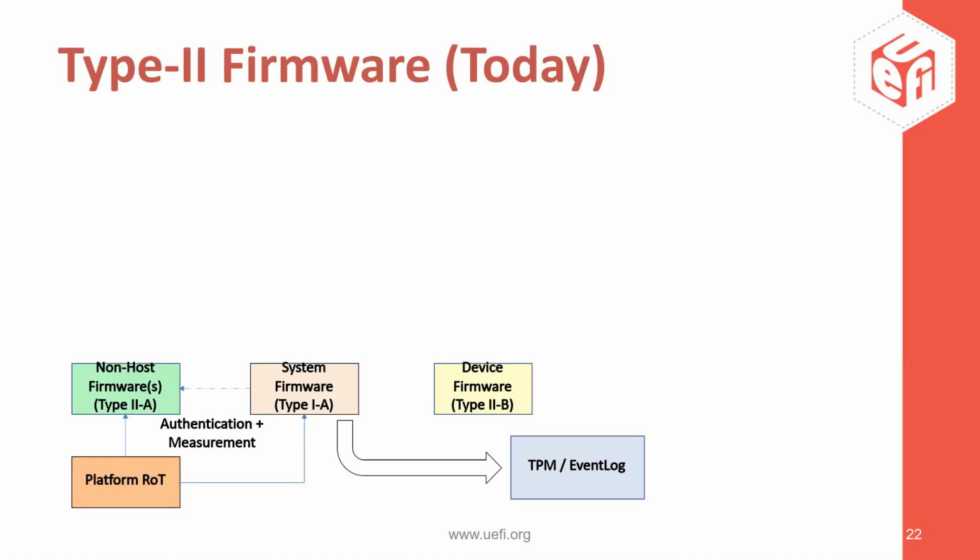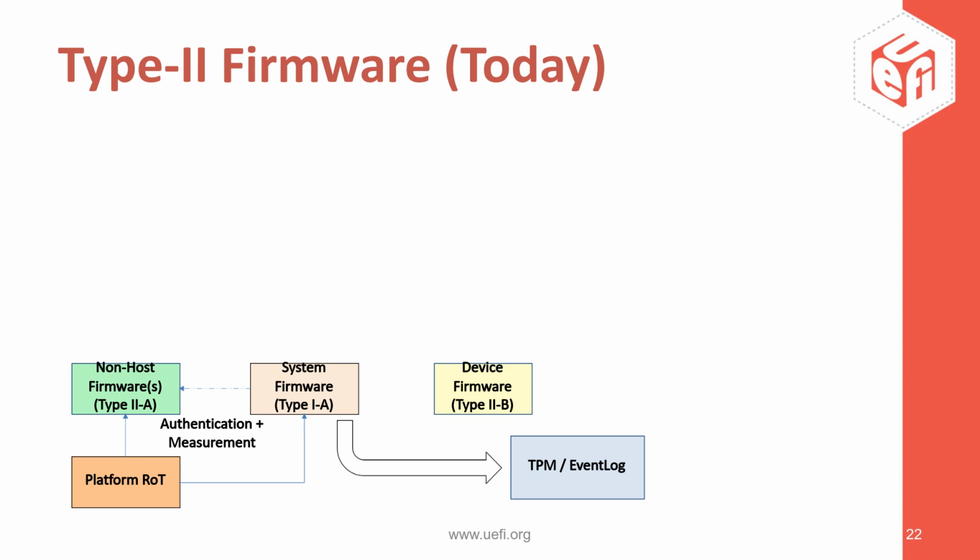Here is today's status on the Type 2 firmware. A system may have a platform root of trust, and the platform root of trust verifies the non-host firmware and the system firmware. For example, the Intel PFR will verify the CSME and the BIOS. Then the system firmware collects measurement from the non-host firmware.